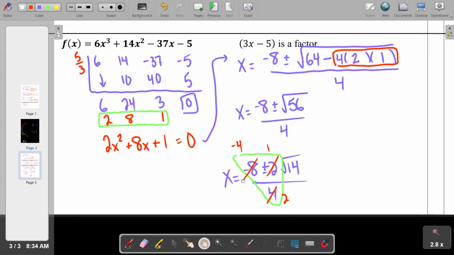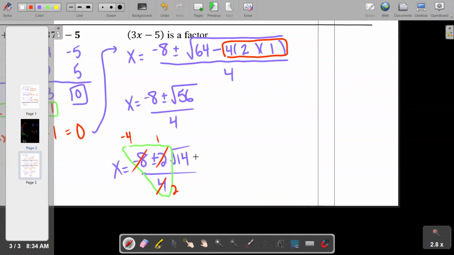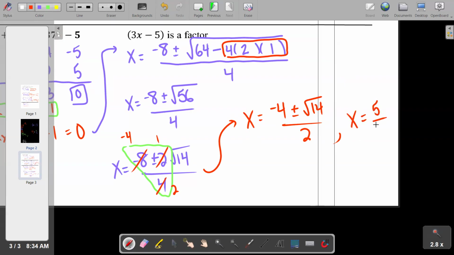And then it's time to now express our answer. Answers. X equals what? -4 plus or minus root 14, all divided by 2. And then before you put a box around that, you're going to put a comma and say that X also equals 5/3. I knew that one at the beginning of the problem.